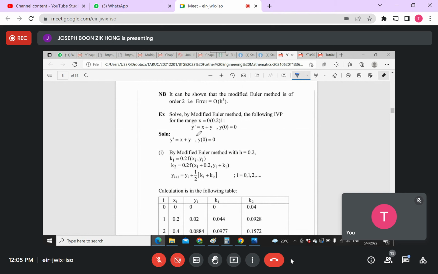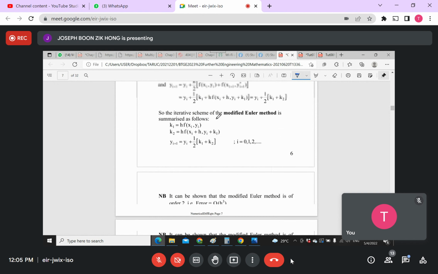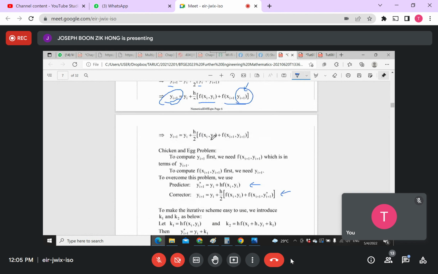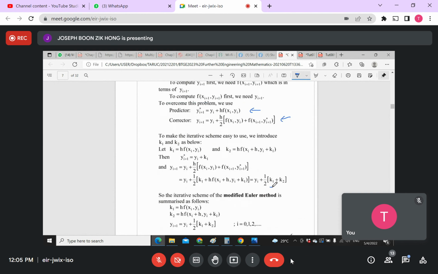We are given this one, and then y naught is 0, and then by using the modified method, what we want to find is this one. But since I cannot get this one, what I do here is I make it as K1 and K2. And then what is my K2? My K2 is this one.